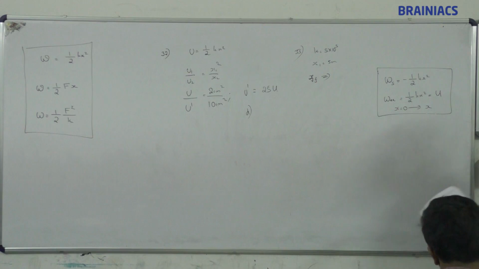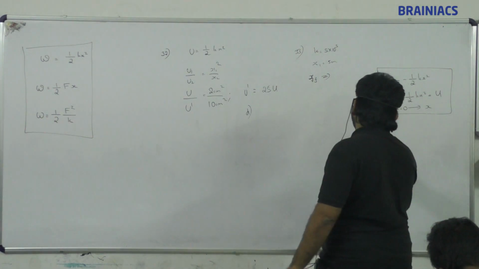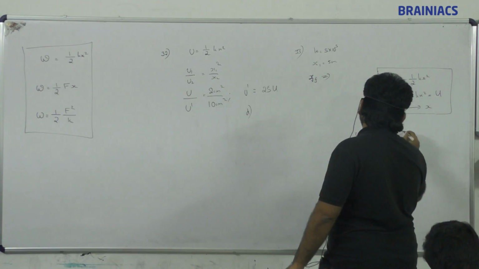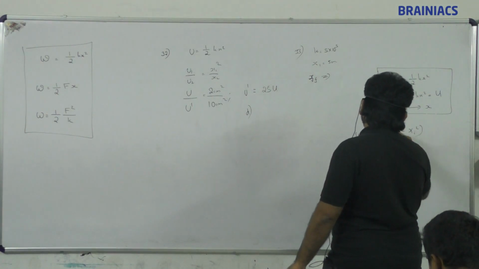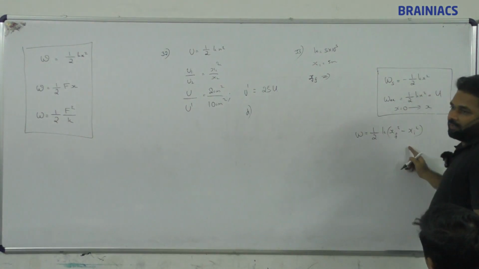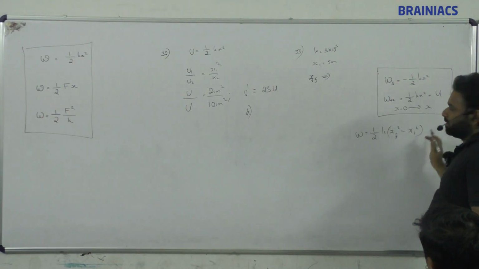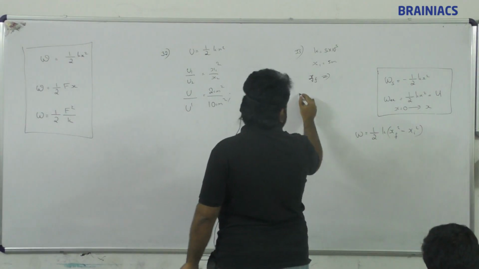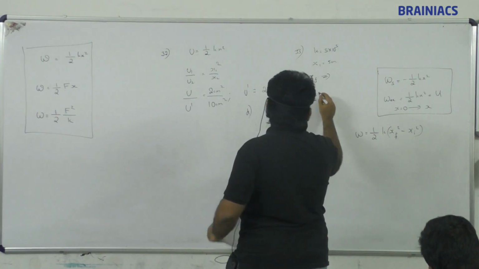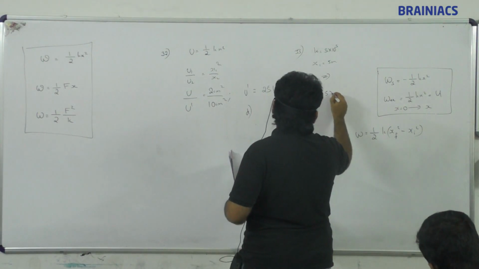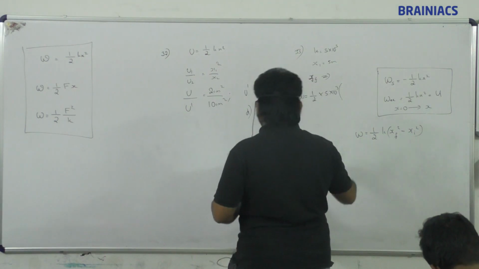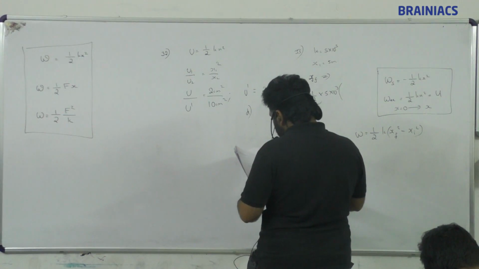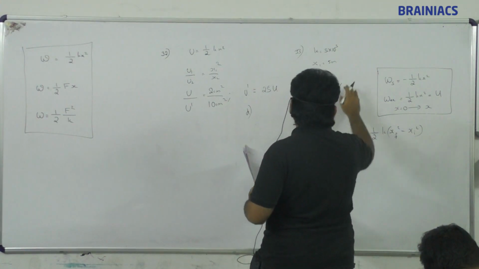Correct. So what is that formula, children? Work done is equal to half K XF square minus XI square, half K XF square minus half K XI square. So just put it. Work done will be half into 5 into 10 raised to 3 into, it is given as 10 centimeter and 5 centimeter additional 5 centimeter.